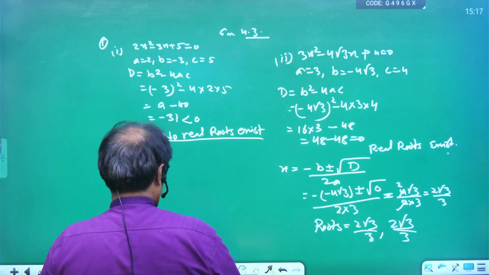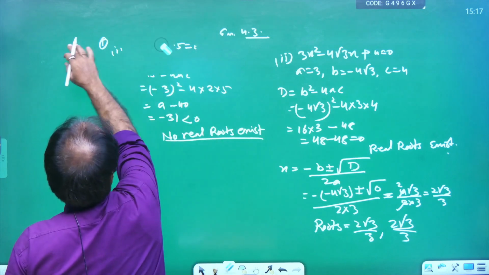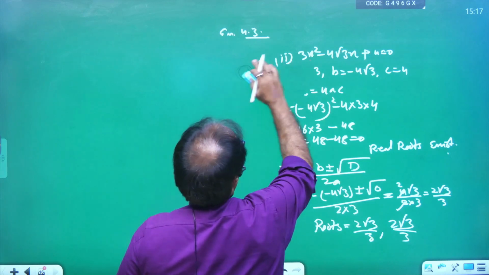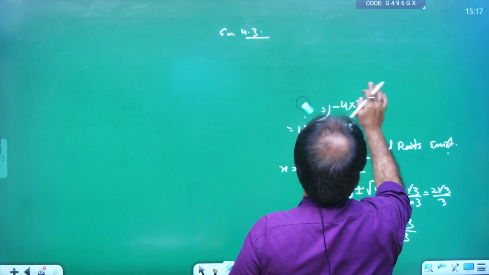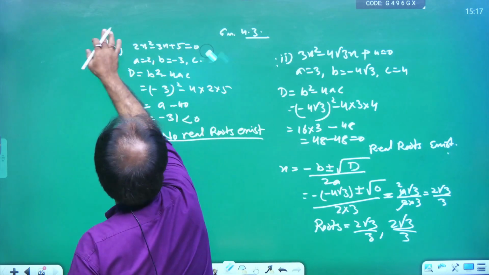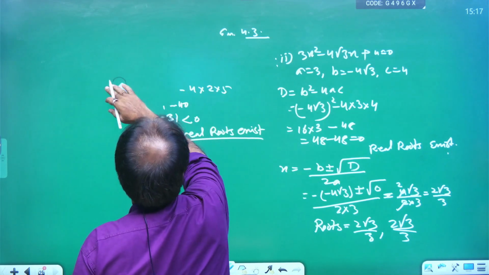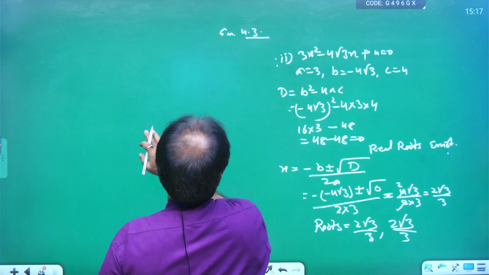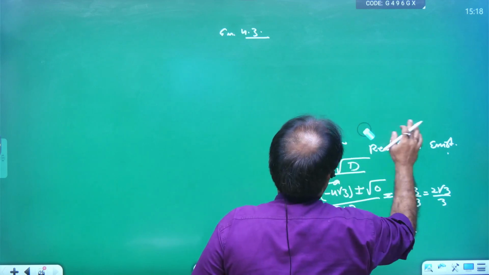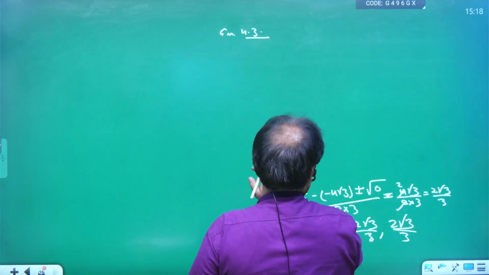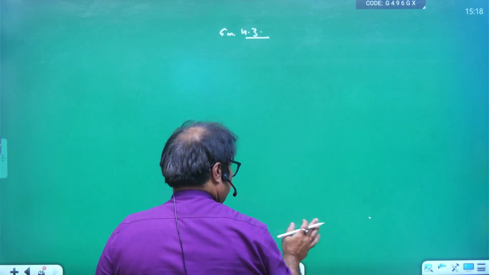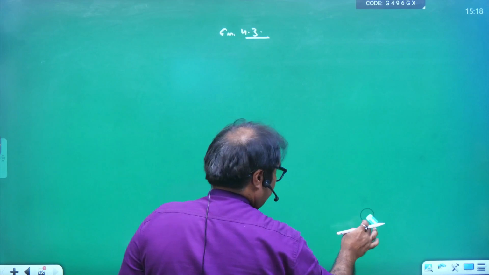So question number 2 means, if the nature of the roots is given, then find the value of some constant number.